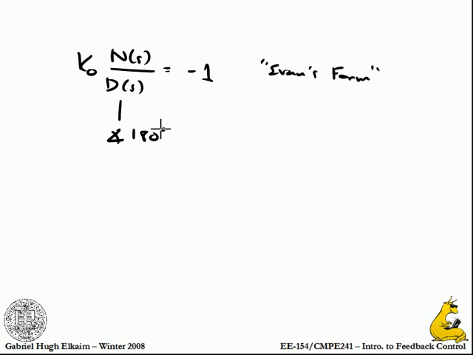I want it to be 180, and k naught is the magnitude is equal to 1. Right? So I find k naught, that's the magnitude of the whole thing, is 1 to get me what k naught is, and anywhere where the phase of this thing is 180 or minus 180 is on the root locus.